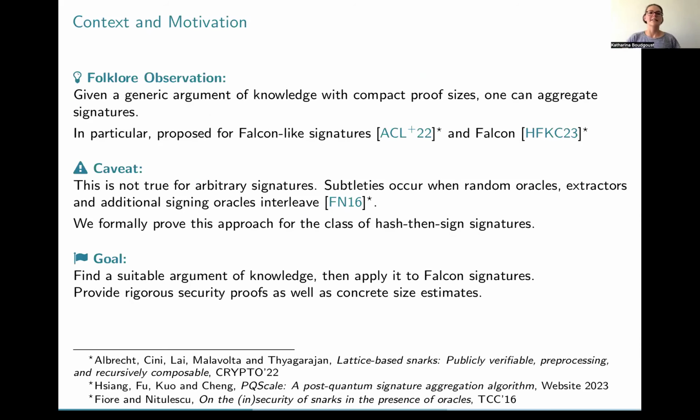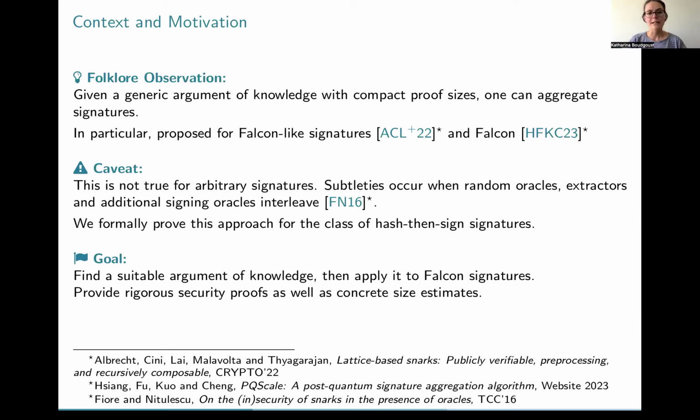And the folklore observation we found when we were starting our project was that when you have a generic argument of knowledge at hand that produces compact proof sizes, then you can aggregate signatures. You can use this generic argument to produce aggregate signatures. And I will explain in the next slide how this idea works.